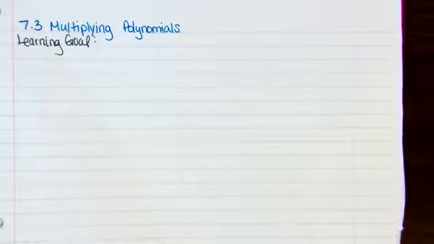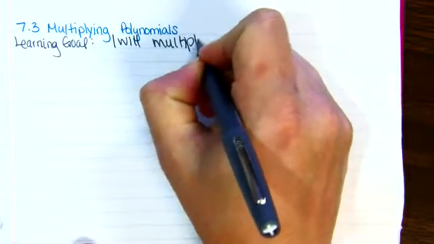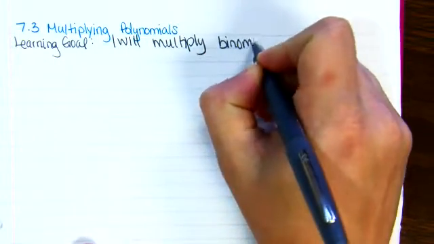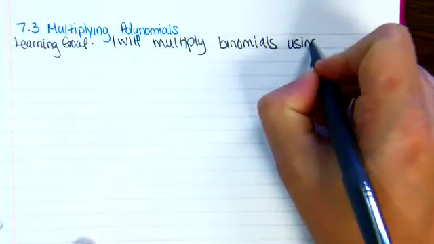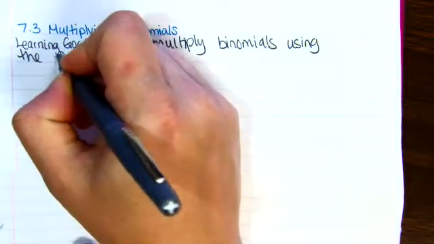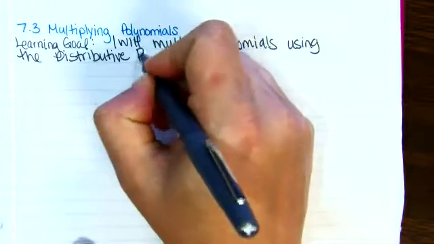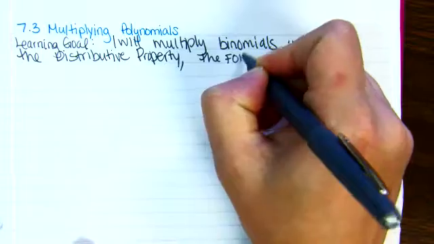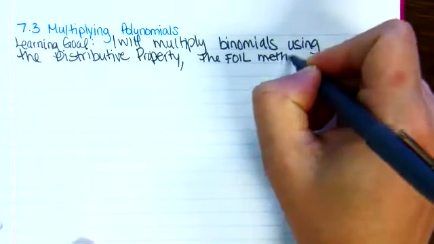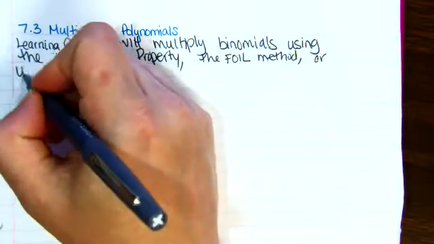7.3, we're getting into multiplying polynomials. So our learning goal: I will multiply binomials by using the distributive property, the FOIL method, or using a table.